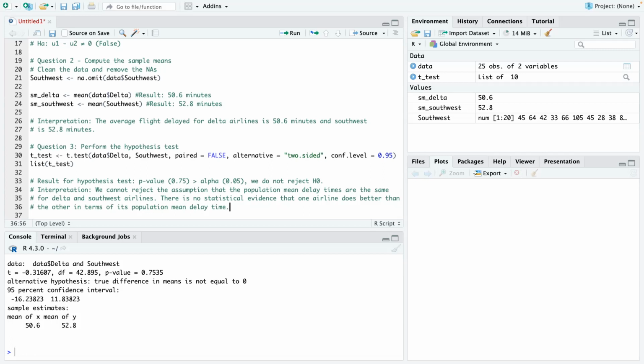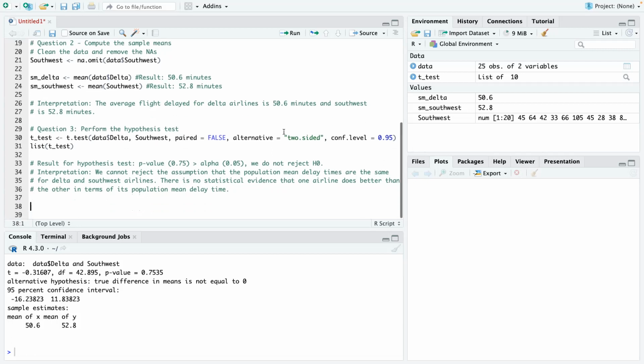So that's basically how we can interpret the results that we have gotten. So that takes care of question number 3.